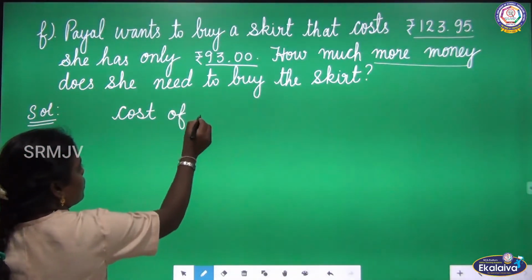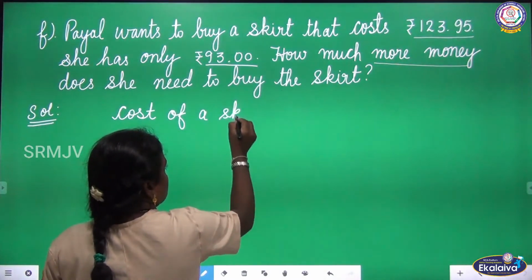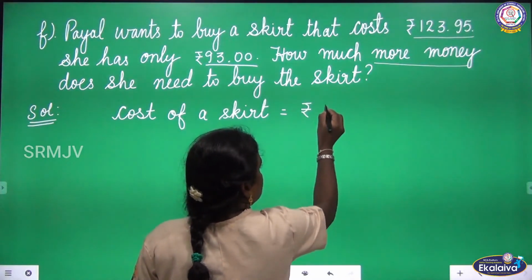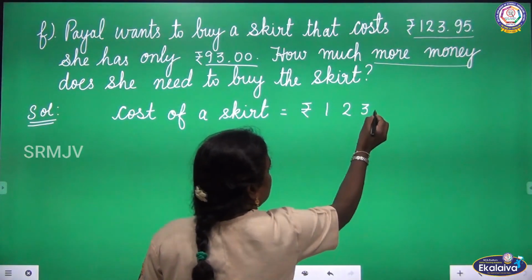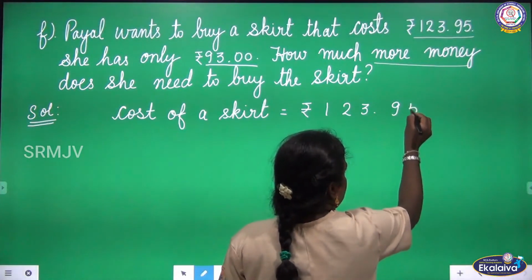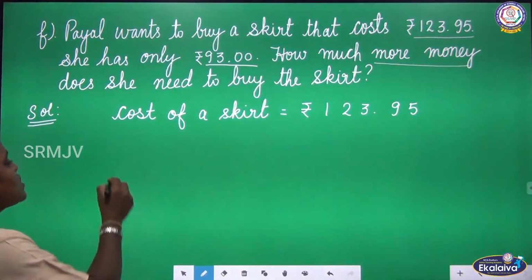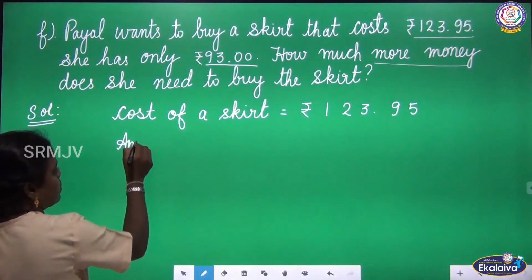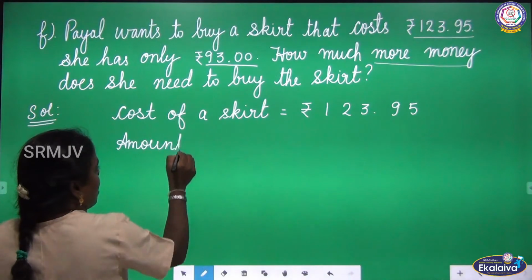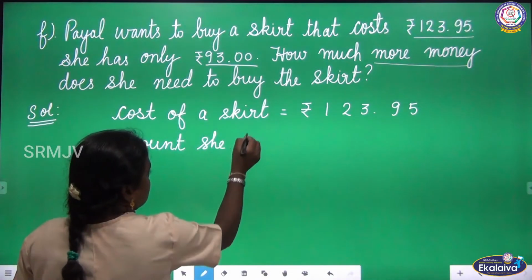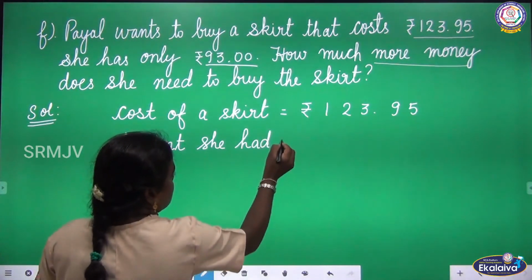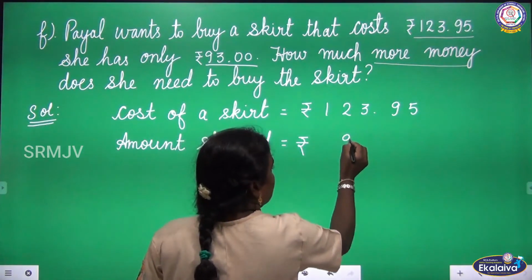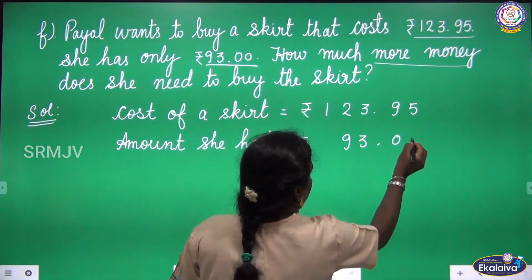So let us write the statements. Cost of a skirt. Cost of the skirt is 123 rupees and 95 paise. And here how much she has? Only 93 rupees. Amount she had, rupees 93 and 0 paise.